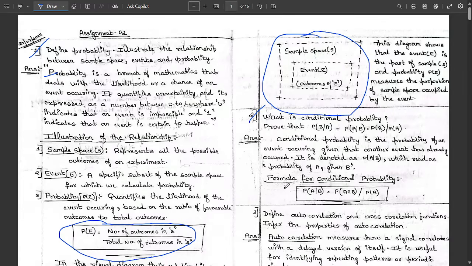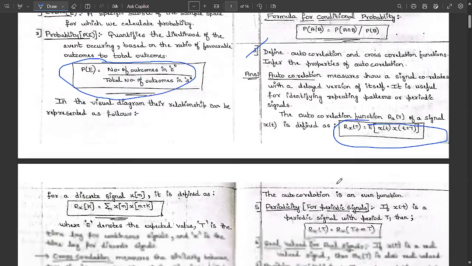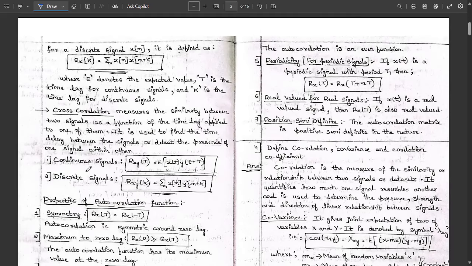One more important question is related to define autocorrelation and cross correlation functions and infer the properties of autocorrelation. That is, we need to define what is autocorrelation and cross correlation. Here it is defined, and this is the relationship for autocorrelation. You can note it down. And here the cross correlation is defined. The definition comes along with the two kinds of signals, continuous as well as discrete, and these are the sets of equations for both.